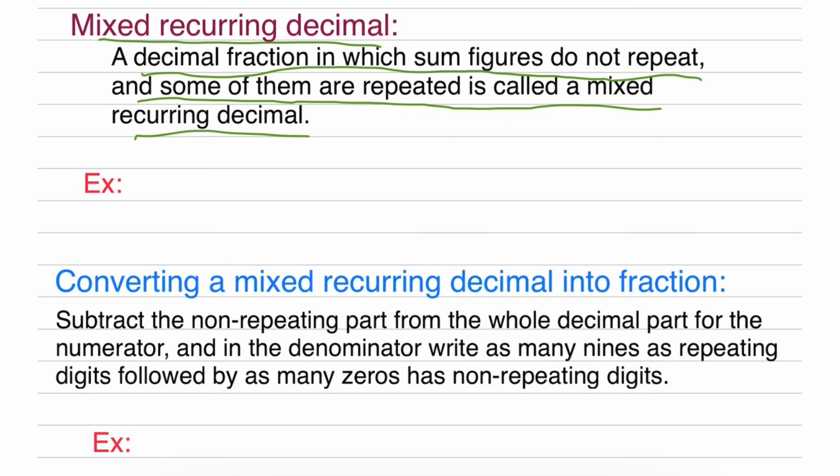For example, 0.173333 and so on. So in that time what we have to do, we can write it as 0.173 and above 3 you can keep a bar or a point. Means it means that 3 is repeating many times. So this is a mixed recurring decimal.